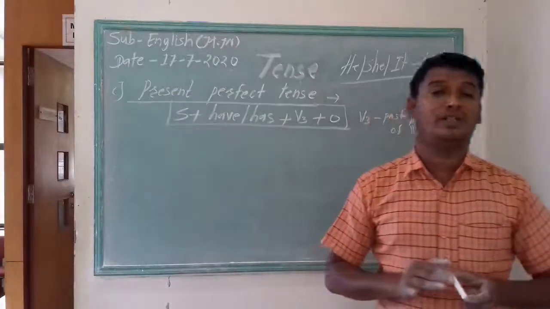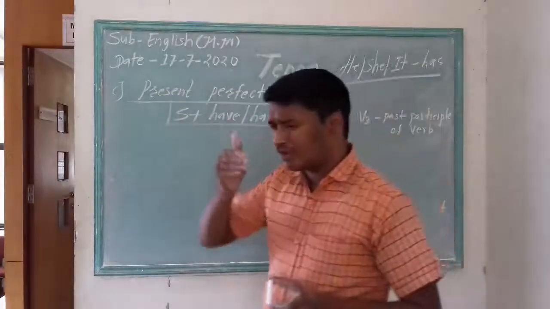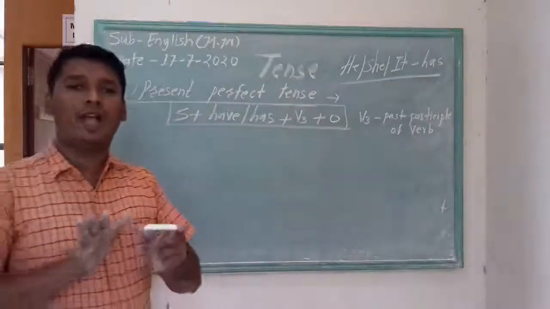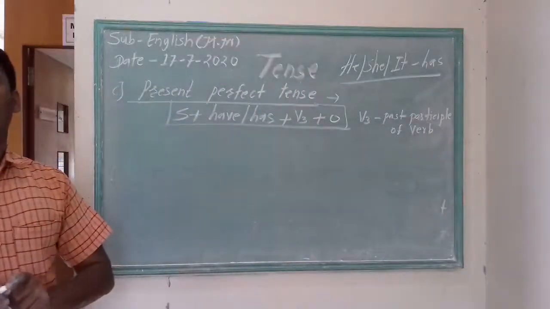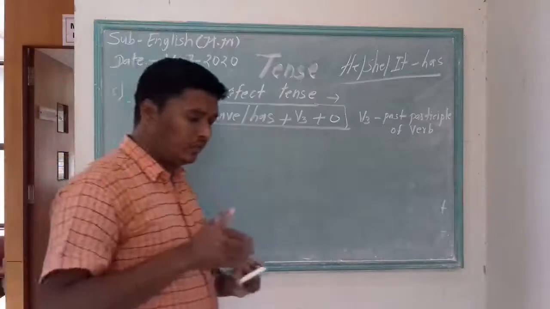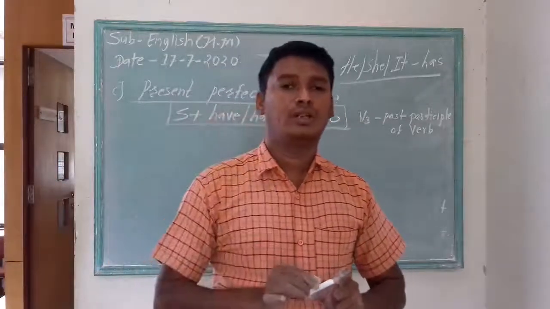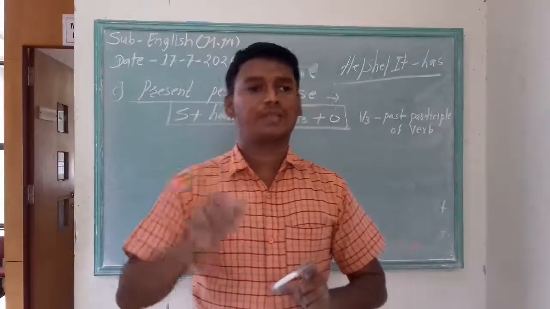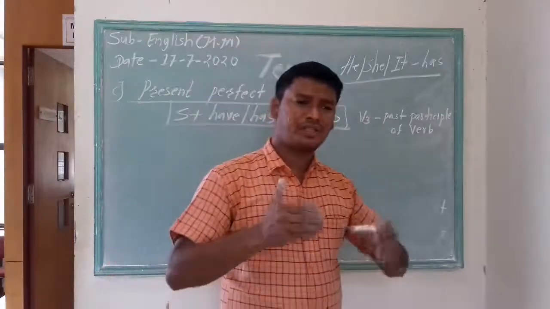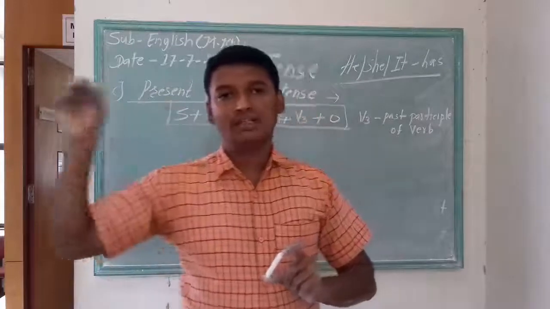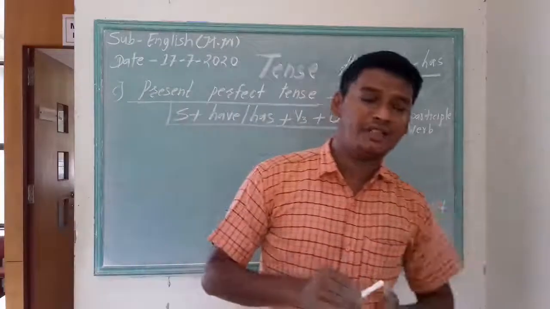It's very important because many students fail to use have and has properly. While writing and speaking, we must use the auxiliary verbs properly. Many students write they has, I has, you has.